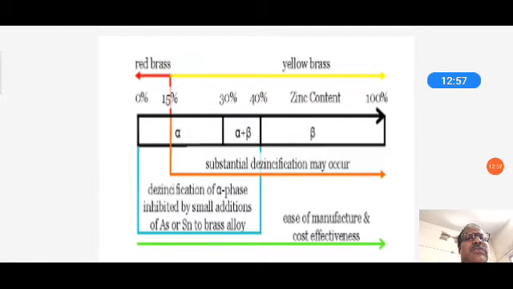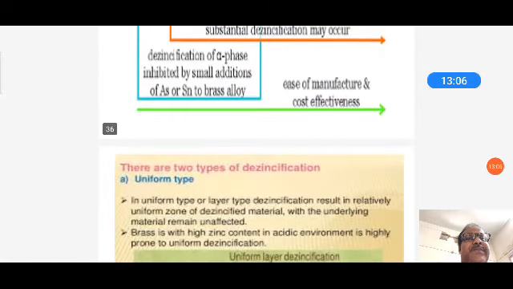This is a diagram to show easily how red alpha brasses and yellow alpha brasses are subjected to the dezincification process.